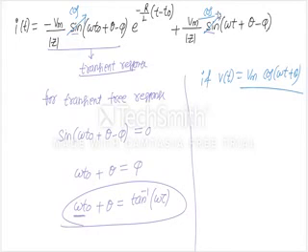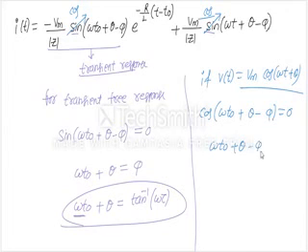Then what happens now here? Again this is the transient response. So tell me, for the transient free response the condition must be what? Cos of omega t naught plus theta minus phi must be equal to 0, means omega t naught plus theta minus phi must be equal to pi by 2.